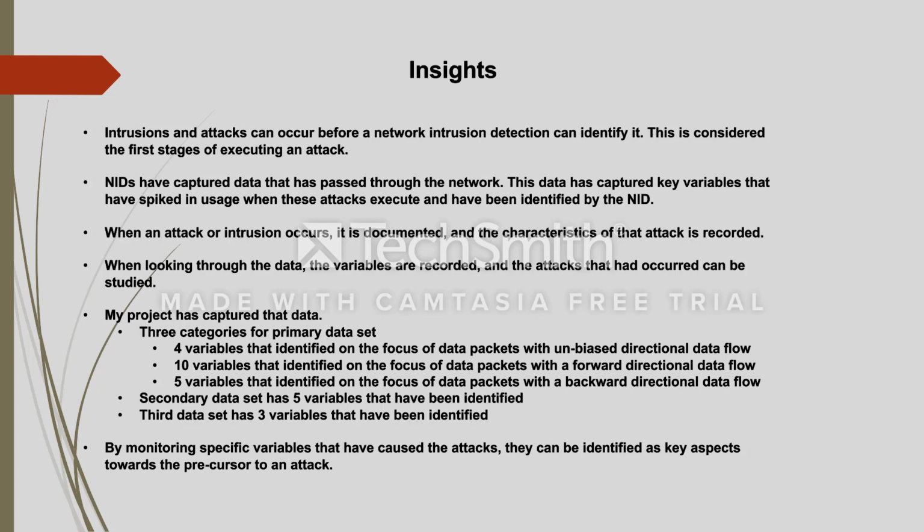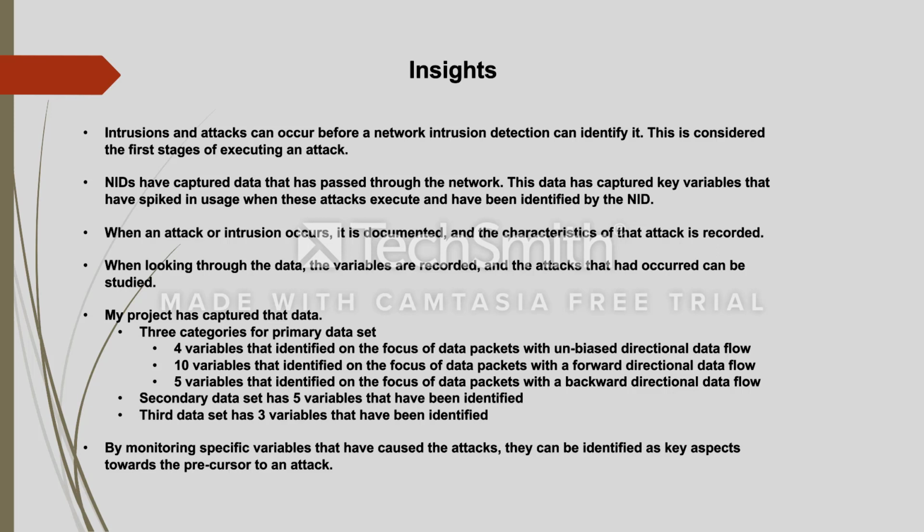By studying the extracted information, it can be used to output a series of variables that can be monitored or used for further studies to prevent such attacks. What this project has captured is key variables. So the 3 categories for the primary dataset were the destination port, the unbiased directional data flow, the forward directional data flow, and the backward directional data flow.